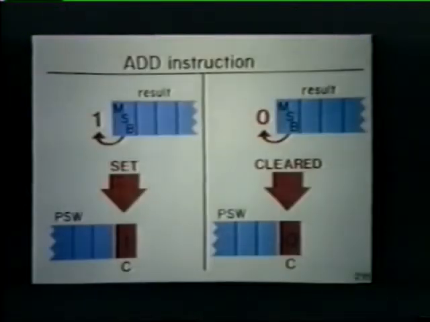Let's see how this carry condition affects our C bit. If the add instruction results in a carry out of the most significant bit, the carry itself is moved into the C bit, in this case setting it. Therefore, when an add instruction is executed, a carry of 1 will set the C condition code bit, while a carry of 0 will clear the C bit.